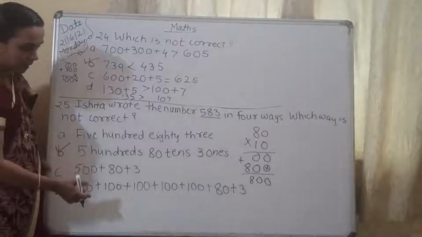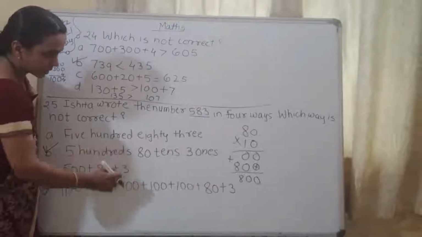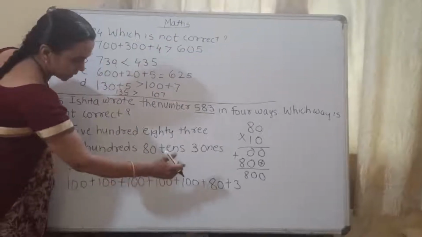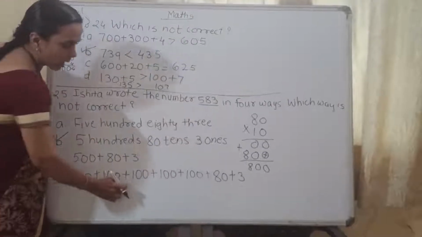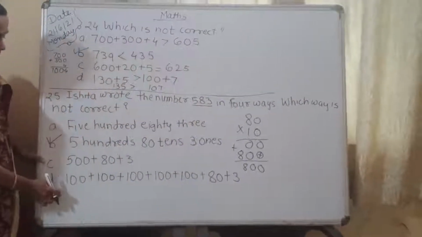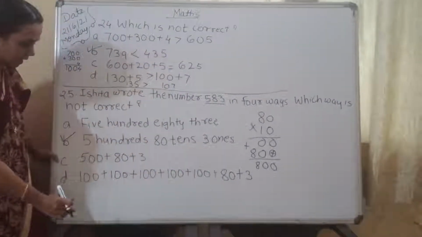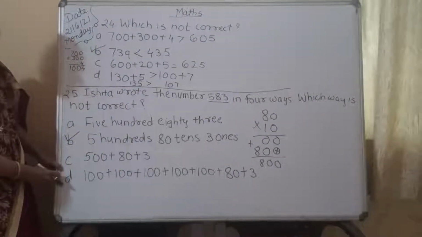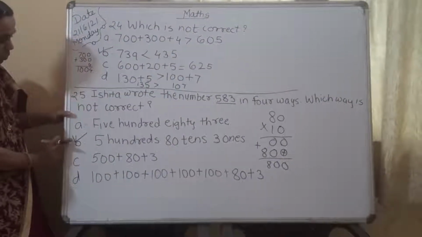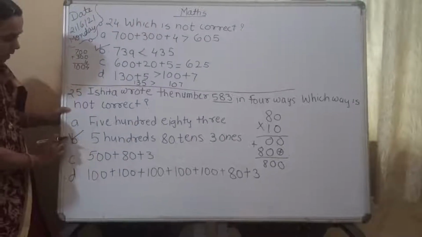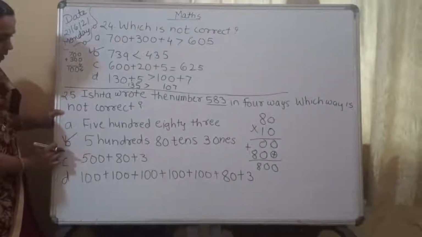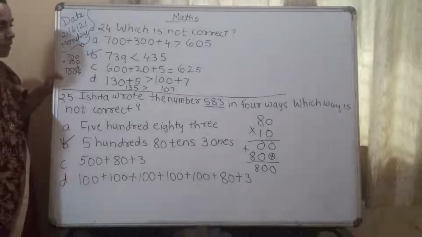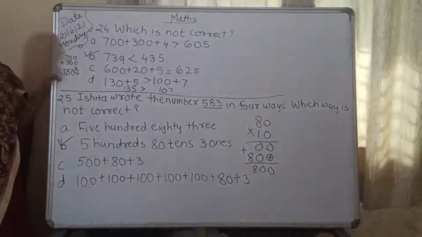We can also write it as 5 times 100 plus 80 plus 3. If we add all of these, what is our answer? 583. That means this option is also correct. So tick mark on the B option, and write down all these answers in your textbook.